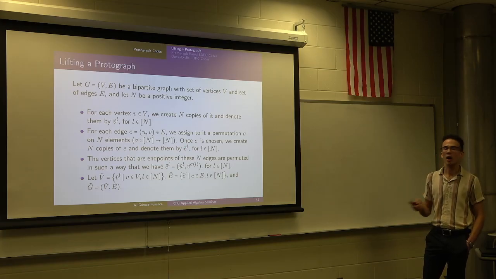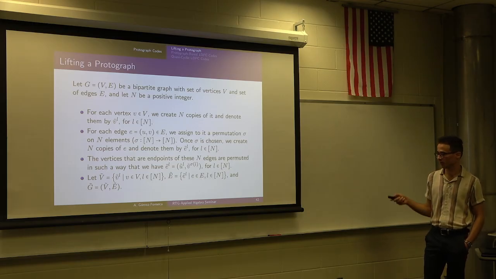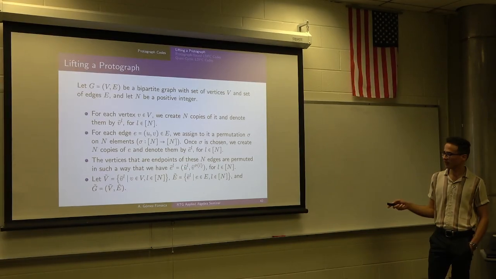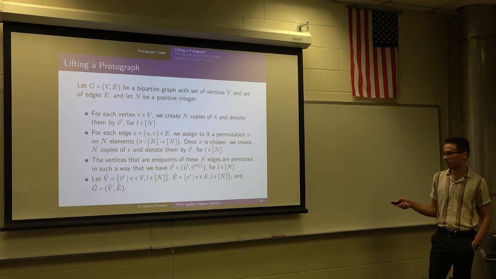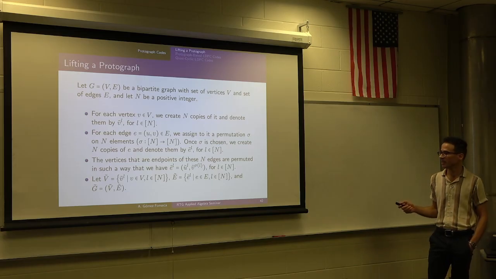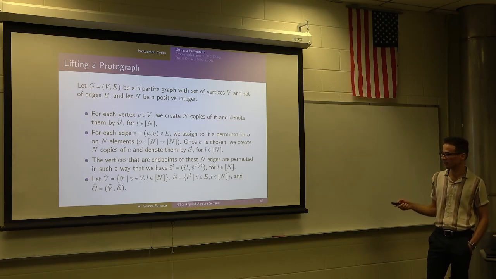Now, how am I going to connect the vertices in the graph cover? Once I create these e tilde l copies, I'm going to join u tilde l with v tilde sigma of l. So I'm going to map the lth copy of u to the sigma(l)th copy of v. And that's going to give me a cluster of those edges and vertices.